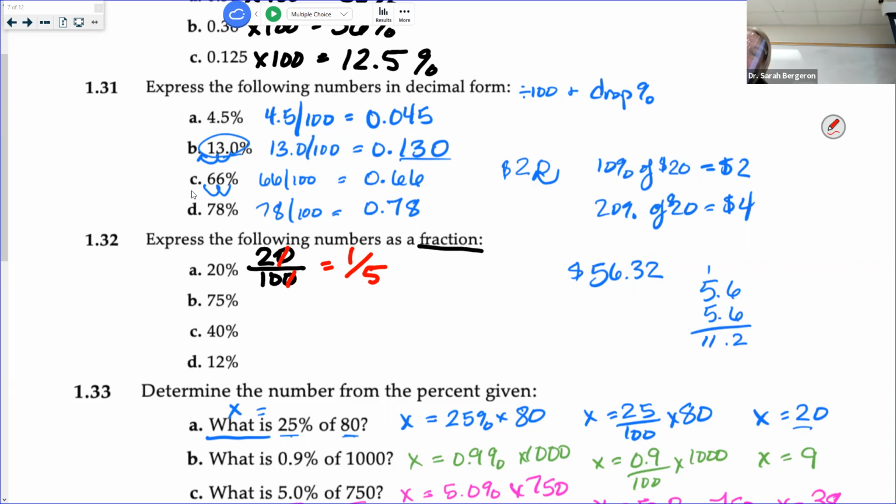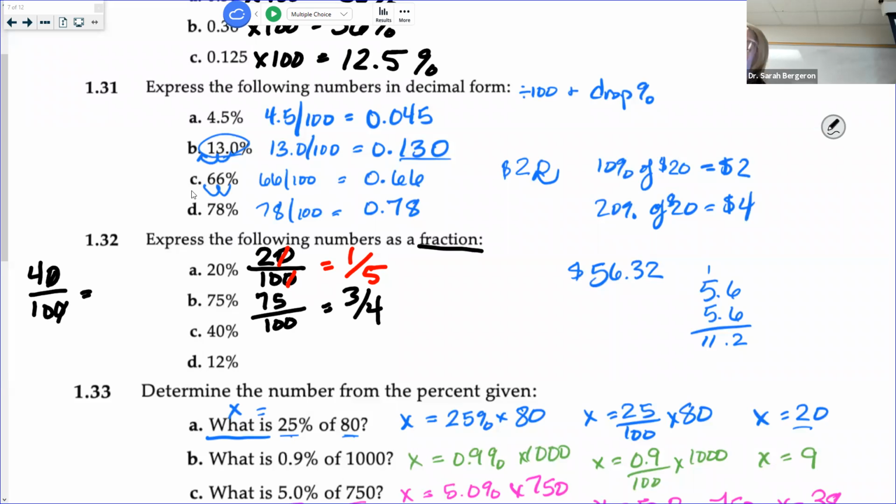Okay. How about 75? 75 divided by 100, 3/4, right? Because they're both divisible by 25. Okay. C, we'll do C kind of over here. 40 divided by 100. Cross out my zeros. Simplify.